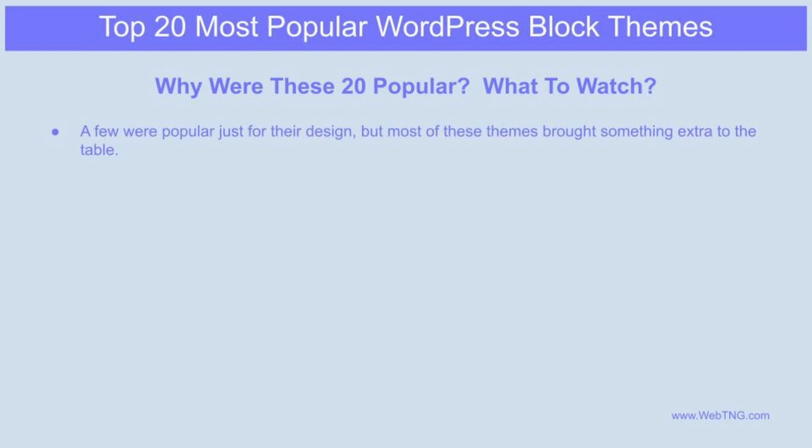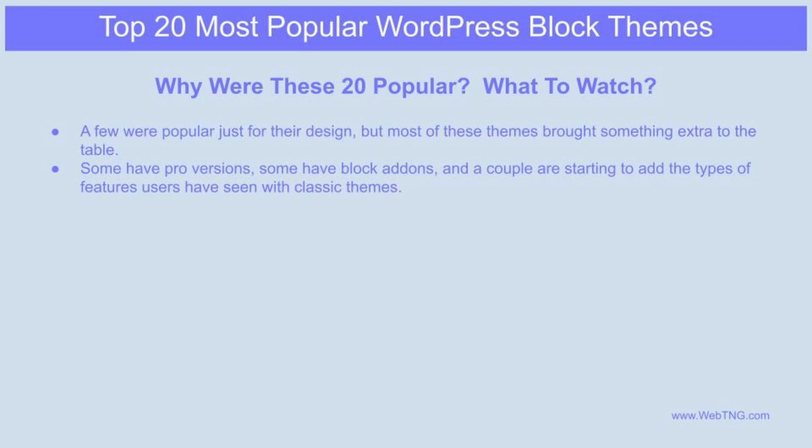Some of the themes we looked at in the list had lots of patterns and templates, and it was interesting to note in the top 20 that a few of them were popular just for their designs. Now, while that's true, many of the top themes had something extra going for them. A few had pro versions that add more design and features, and some had companion block plugins that greatly extend the theme.